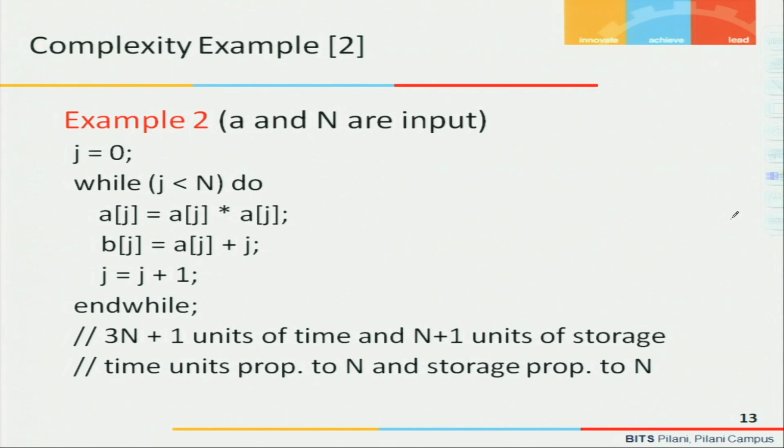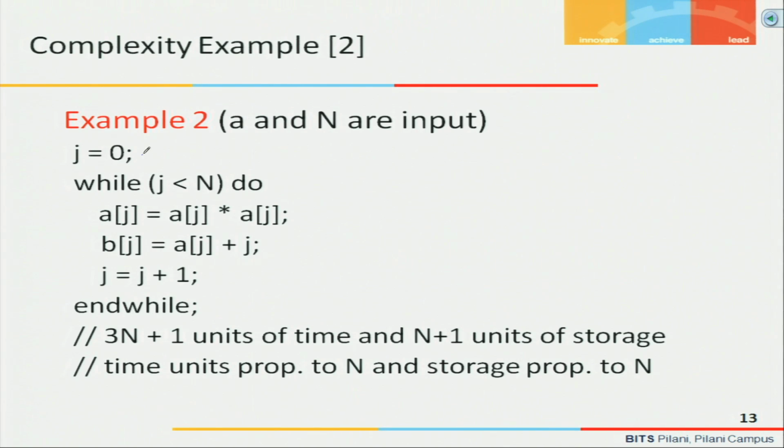In this example, the array A and the size of the array A, which is n, are input. As we have already said, we are going to neglect the storage required to store the input. What we are interested in is the storage that is going to be required to execute the program.